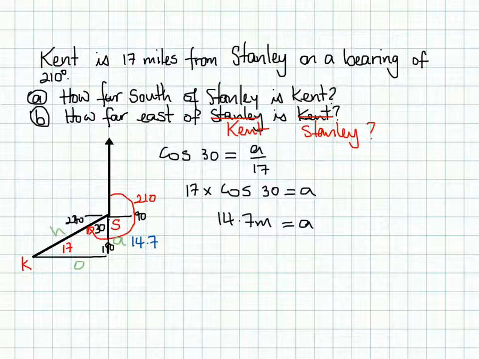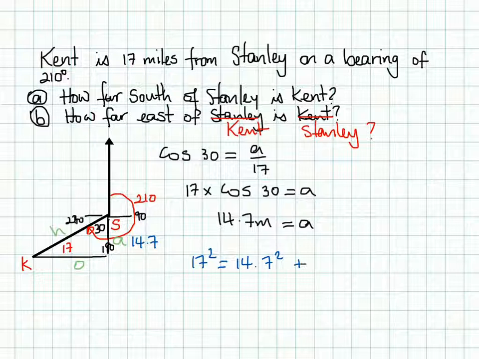And remember, with Pythagoras, the hypotenuse always comes first. So I'm going to start by saying 17 squared is equal to 14.7 squared plus, well, I've already got an O there, so I'm just going to keep the O and say O squared.